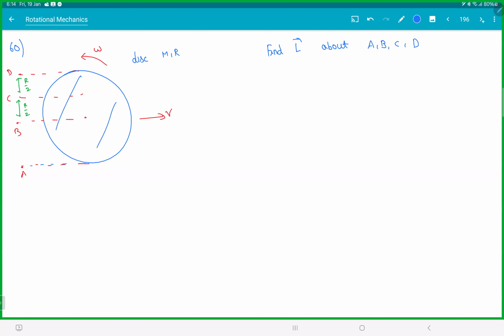It's a kind of the angular momentum of a rolling body. Should I show you one? I'll help you with one.